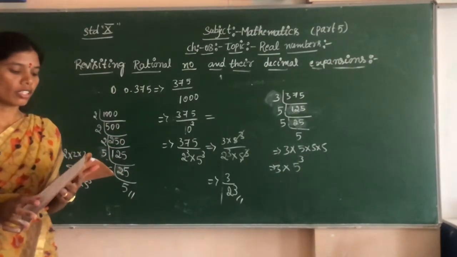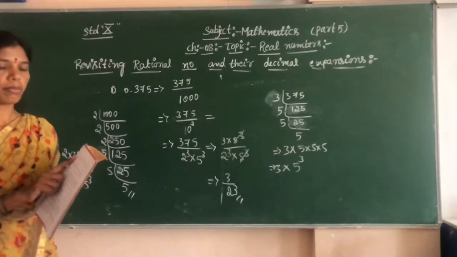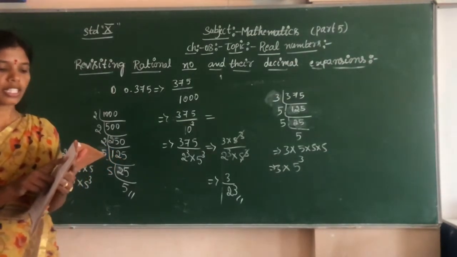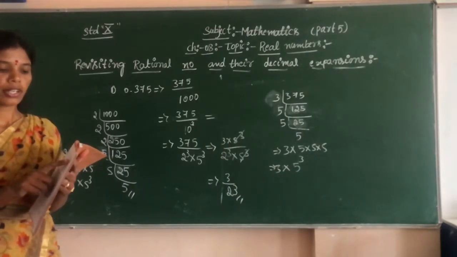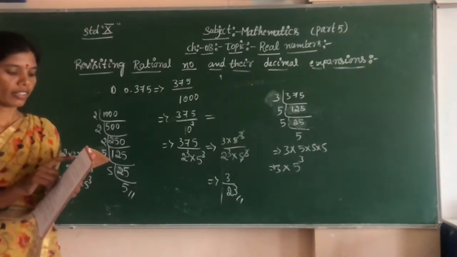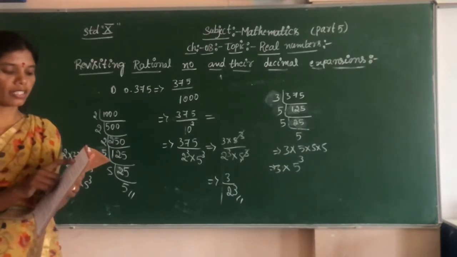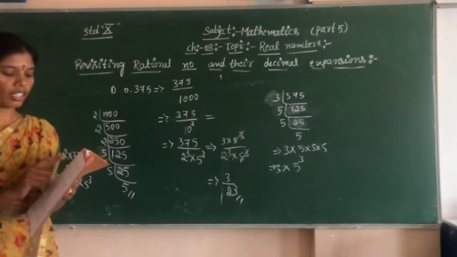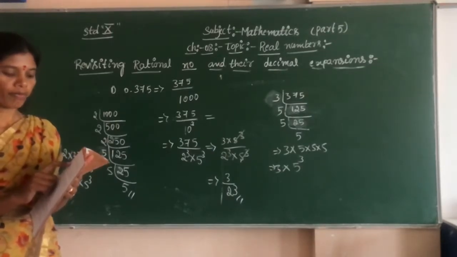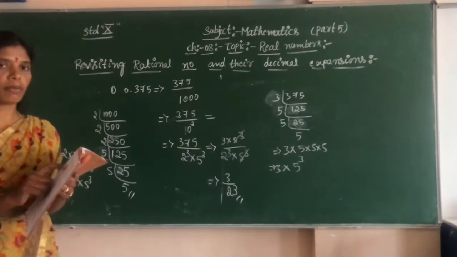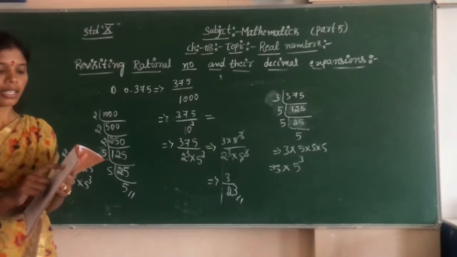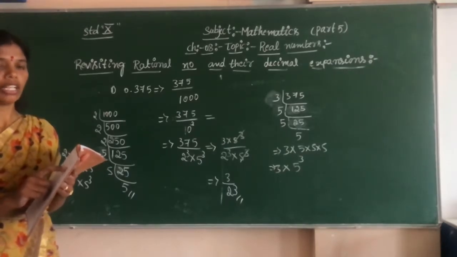Theorem 8.5, you see. Let x be a rational number whose decimal expansion terminates. Then x can be expressed in the form of p by q, where p and q are co-prime, and the prime factorization of q is of the form 2 to the power of n, 5 to the power of m, where n, m are non-negative integers.